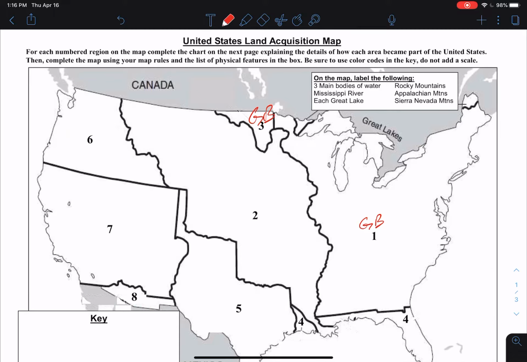Okay. Another territory we got from Britain is a part of something called the Oregon Trail, right? And maybe some of you have heard your parents talk about it.